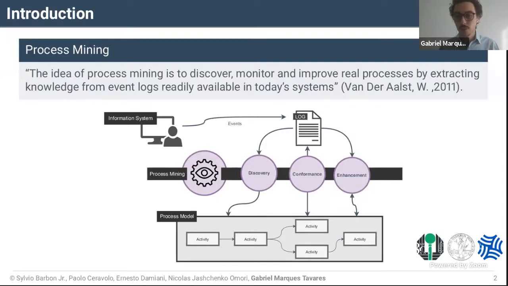Mainly because I want to highlight two very interesting aspects which are important for our work here. As you can see, in process mining, we deal with a lot of event log data in several layers and different artifacts. So we have the event log, we have cases and events, but we also have process models and so on.